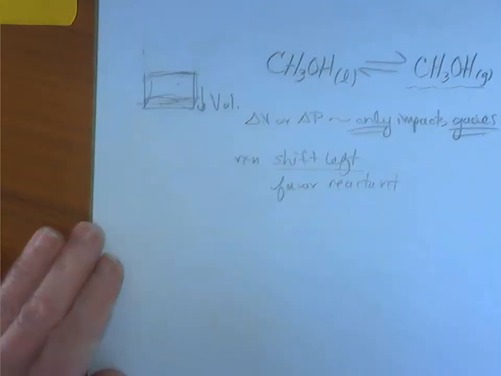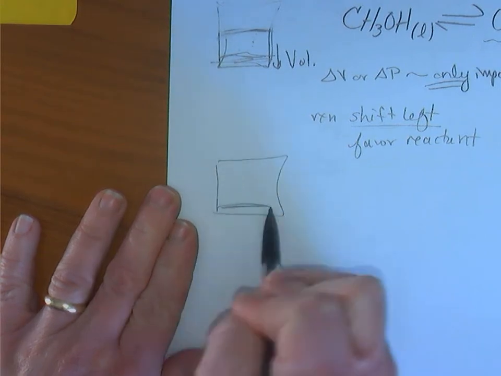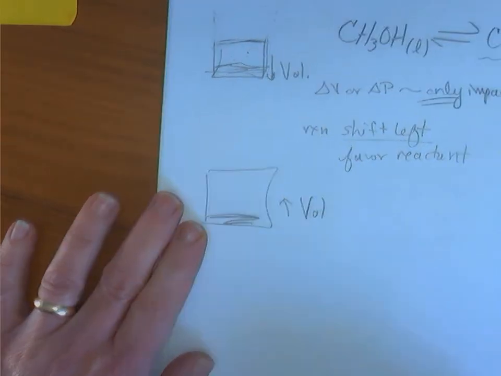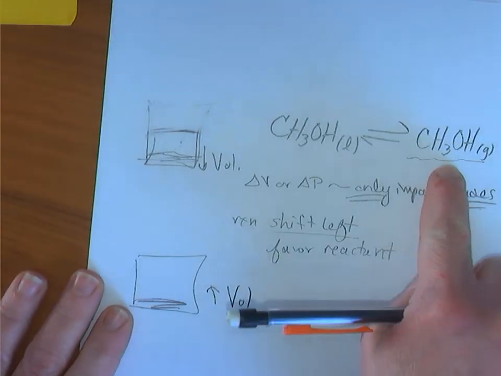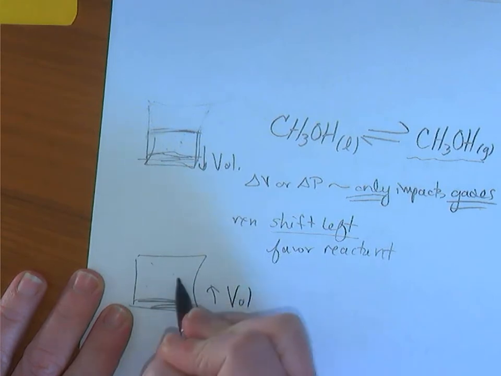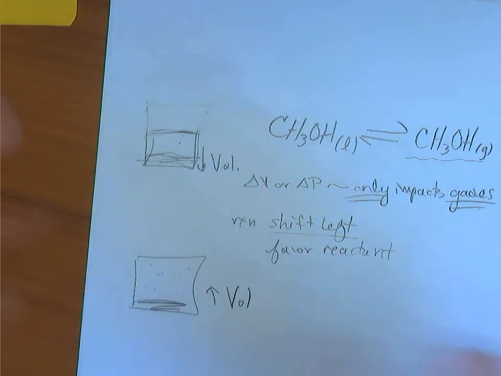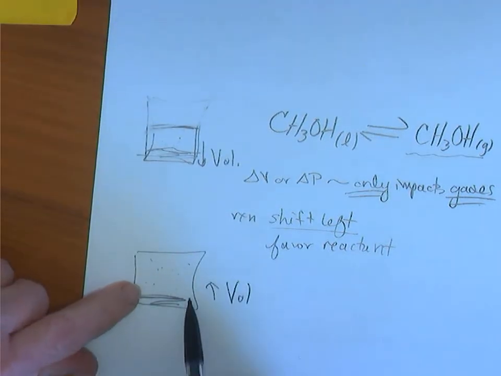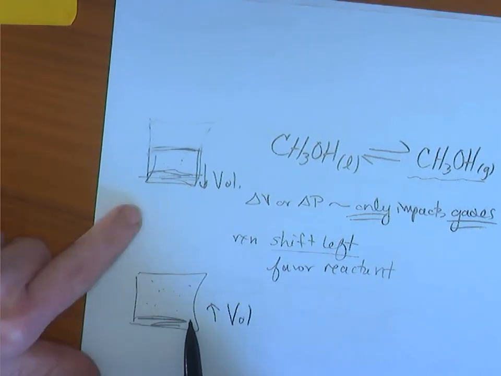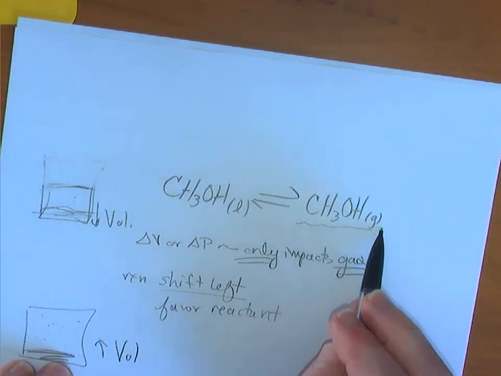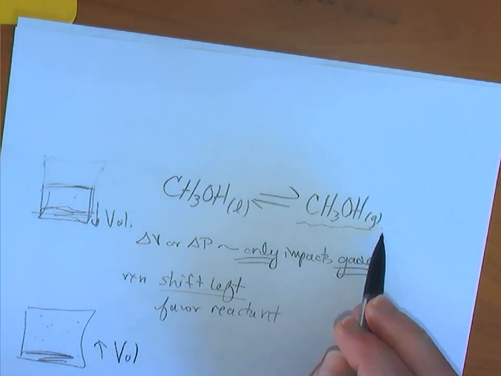Now, what if we increased volume? Well, there again, a change in volume is just going to impact the gaseous state. So all of a sudden, whoa, that gas has so much room, but it's not colliding as much as it was in the original container. So we're going to make more gas to replace what seems to be lost.